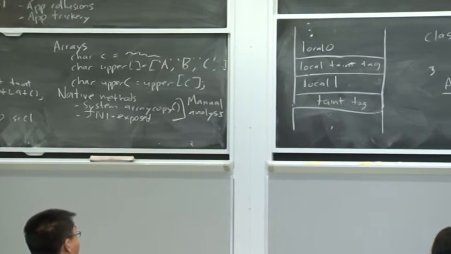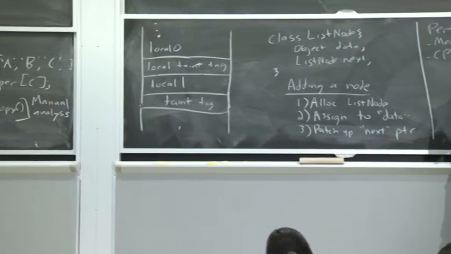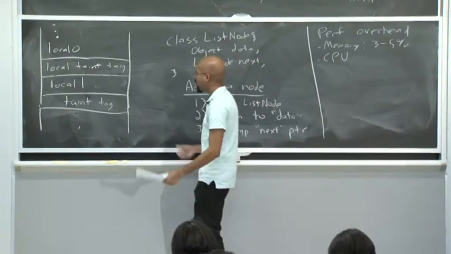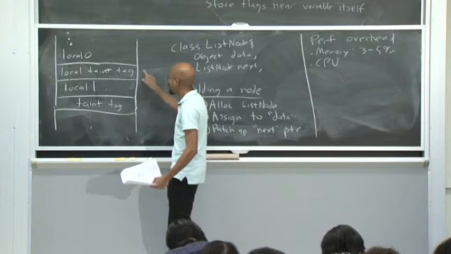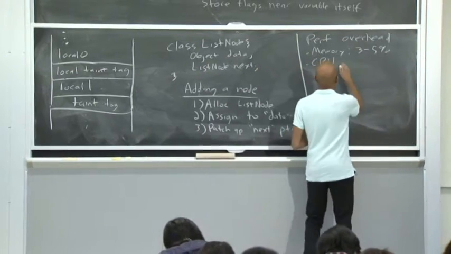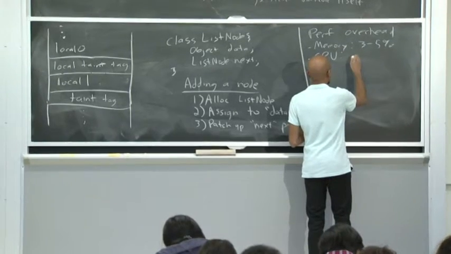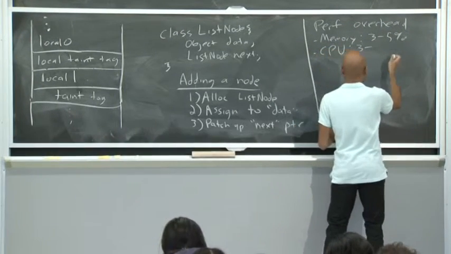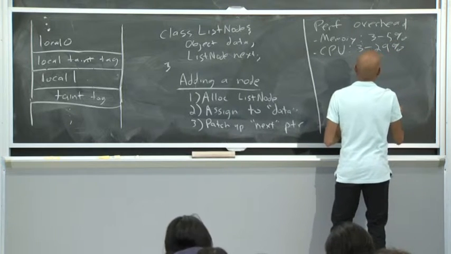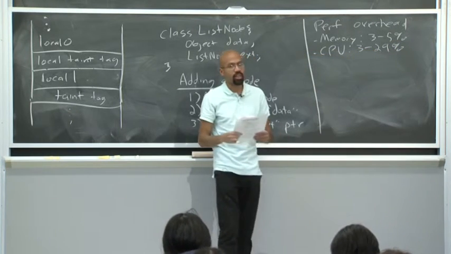So for memory, the authors report about 3 to 5% in terms of the extra RAM space you need to store those taint tags. So that's not too bad. The CPU overhead is higher, which I think makes sense. They report somewhere between 3 and about 29% CPU overhead.